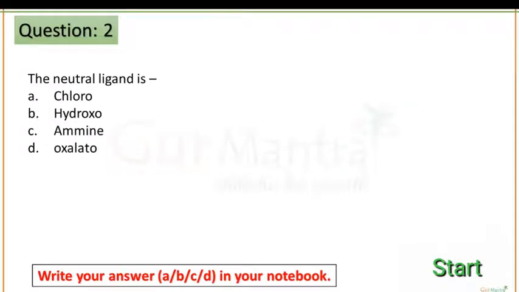Next question. The neutral ligand is, options are chloro, hydroxo, amine or oxalato.